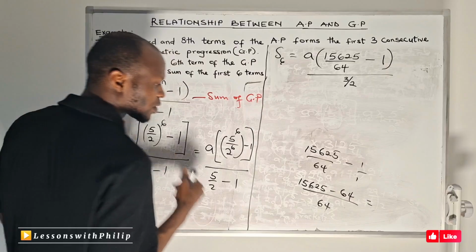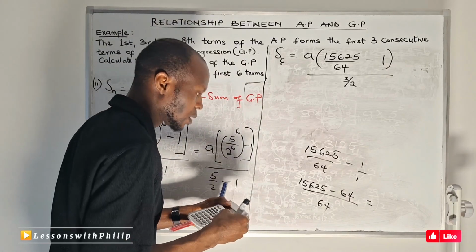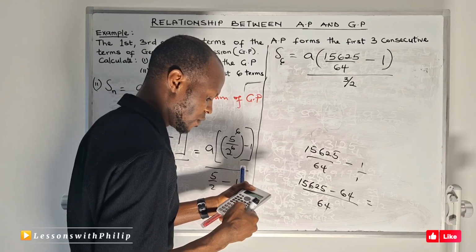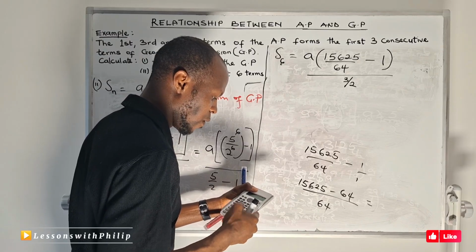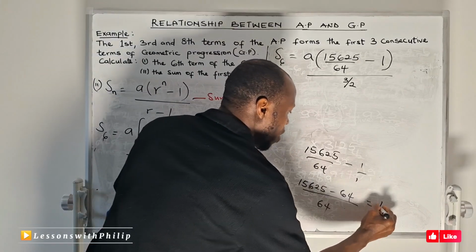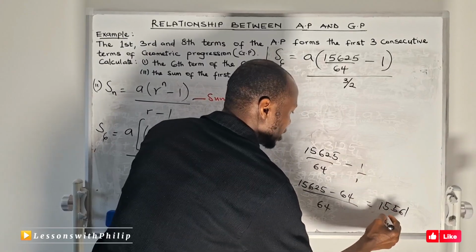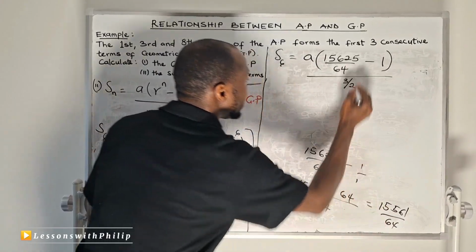And this will give us 15625 minus 64, which will give me 15561 divided by 64. And this is what we have.